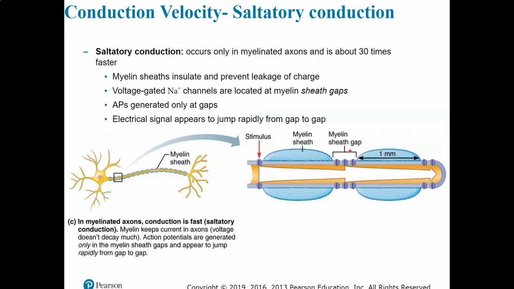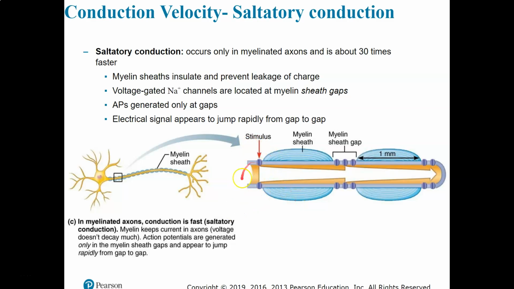In saltatory conduction, we are going to have myelin that's going to insulate the outside of the fiber. That allows the current to spread farther and faster. And so it only needs to be refreshed at these myelin sheath gaps. Remember, I told you they were important. So this is going to be where we refresh the signal.